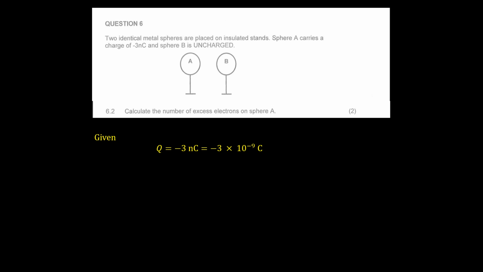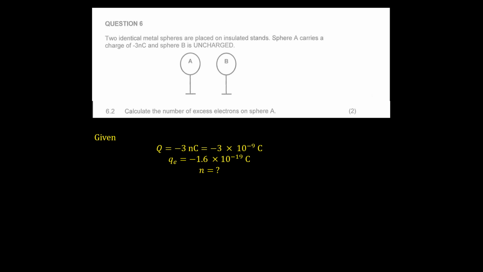Now, we also know that the charge on a single electron is given by the small letter qe, which is equal to -1.6 multiplied by 10 raised to the power of -19 coulombs. Now we have to find the number of excess electrons, given by the small letter n.